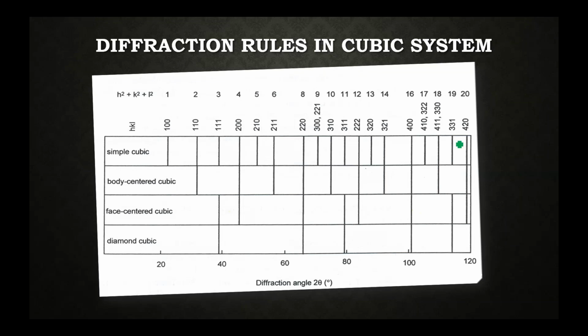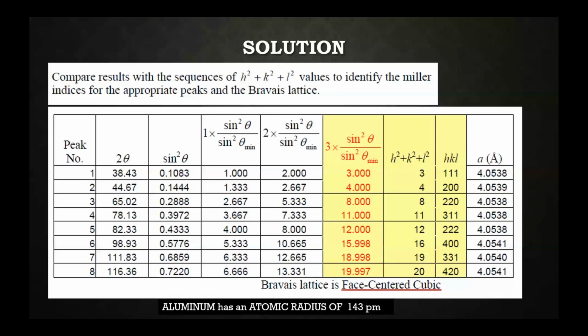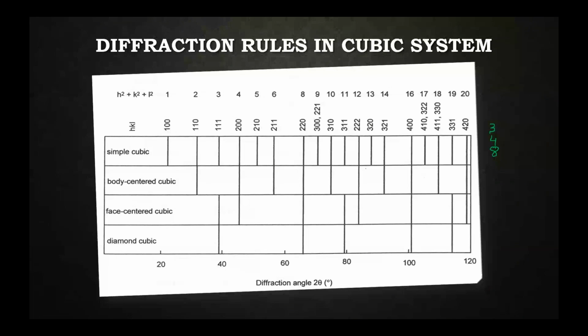If you could dictate the values for the h square plus k square plus l square column, the values were 3, 4, 8, then 11, 12, 16, 19, and then 20. So you have these values with you, which are the h square plus k square plus l square values.